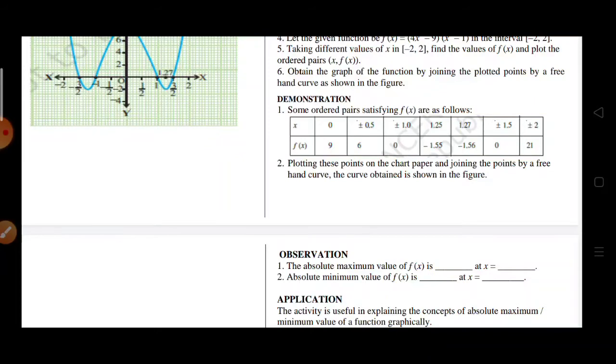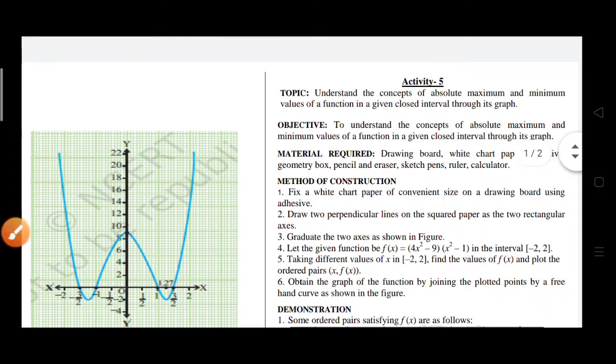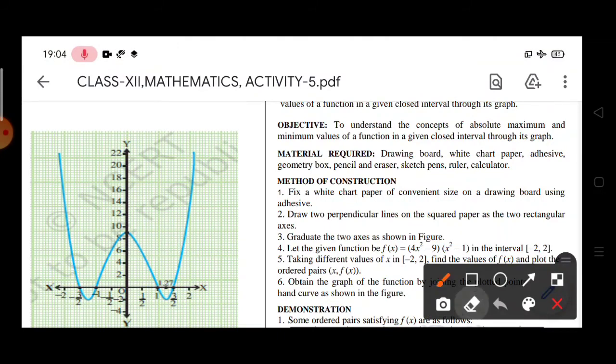Now for the observation part, the first point is: the absolute maximum value of f(x) is dash at x equal to dash. Now look at the graph. The absolute maximum, look here at this point, is obtained at x equals 2, and also this point, 21, is obtained at x equals −2.